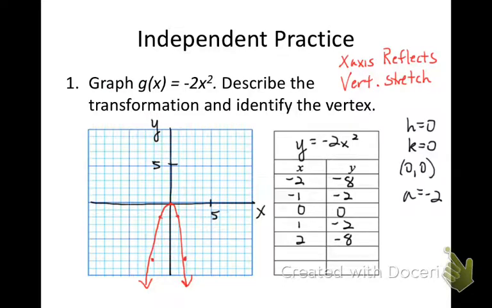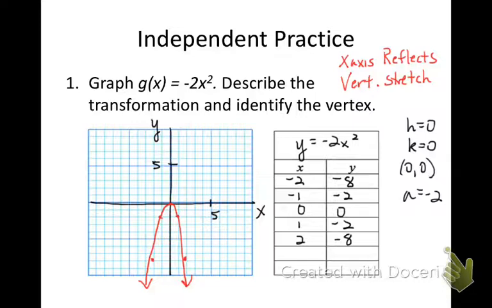Alright, welcome back. Now compare your answer on number 1 to what I've got here. Hopefully as you got those values for this equation, you noticed that you had a negative in front, so you knew this graph was going to flip over the x-axis, and then the a value is 2. So it's going to be skinnier than our parent function.